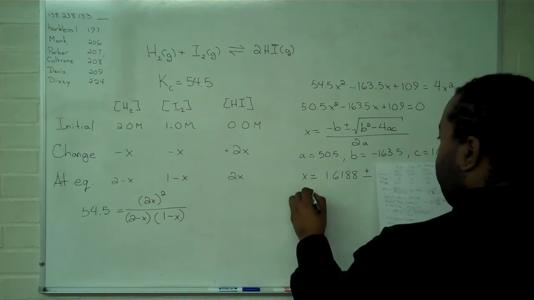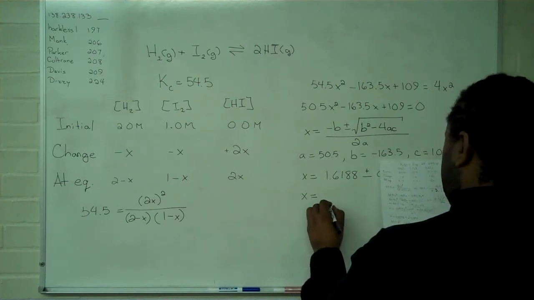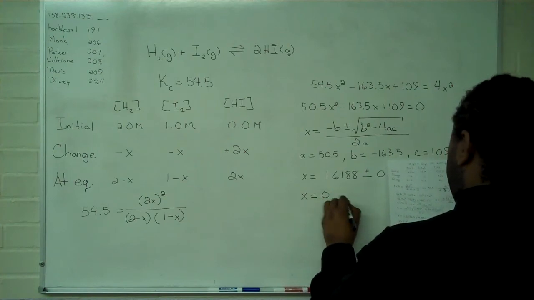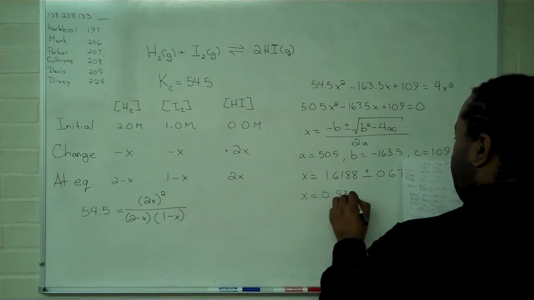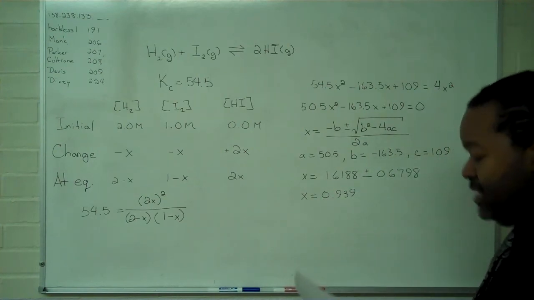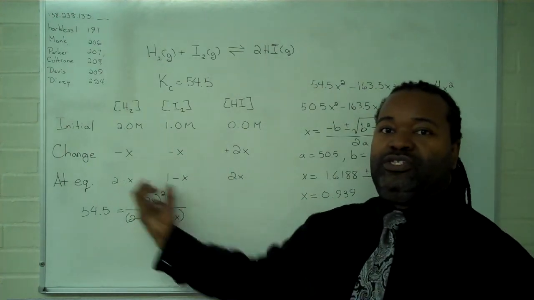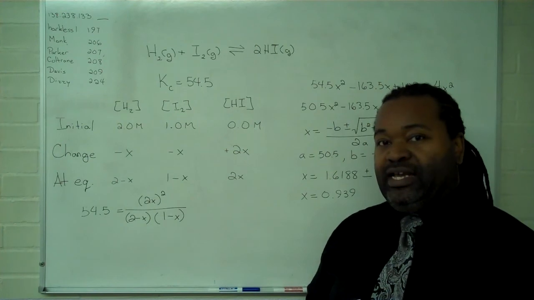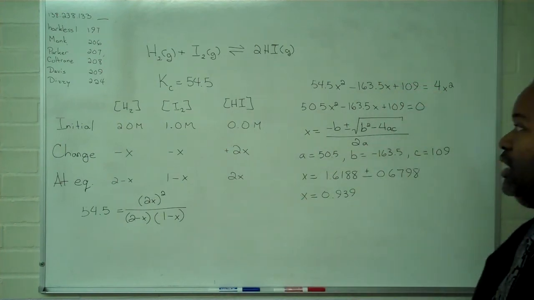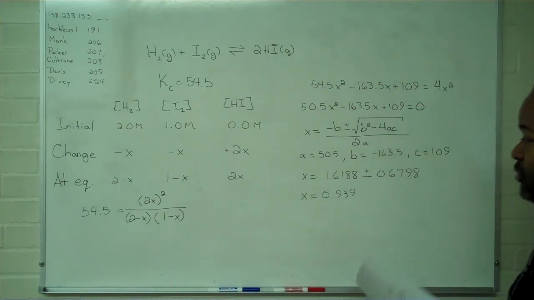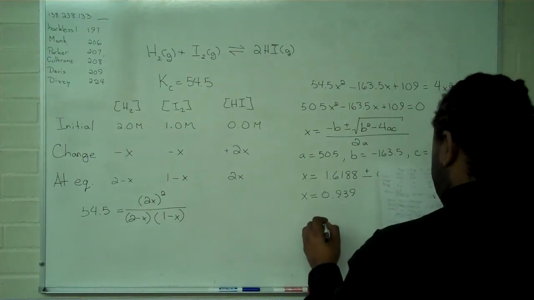So that upper value is incorrect because it creates something impossible. And so we use the lower value for x, where x equals 0.939. Now, this result allows us to have positive values for our hydrogen concentration and our iodine concentration, as well as giving us a value for our hydrogen iodide.